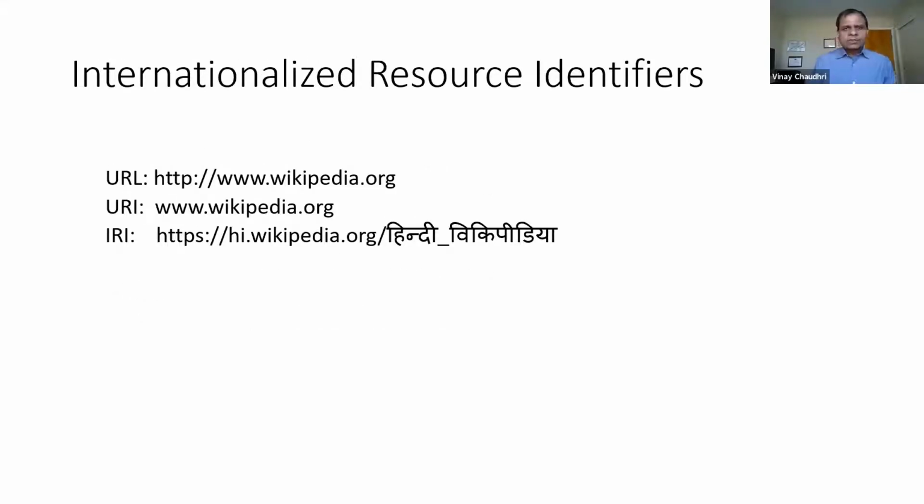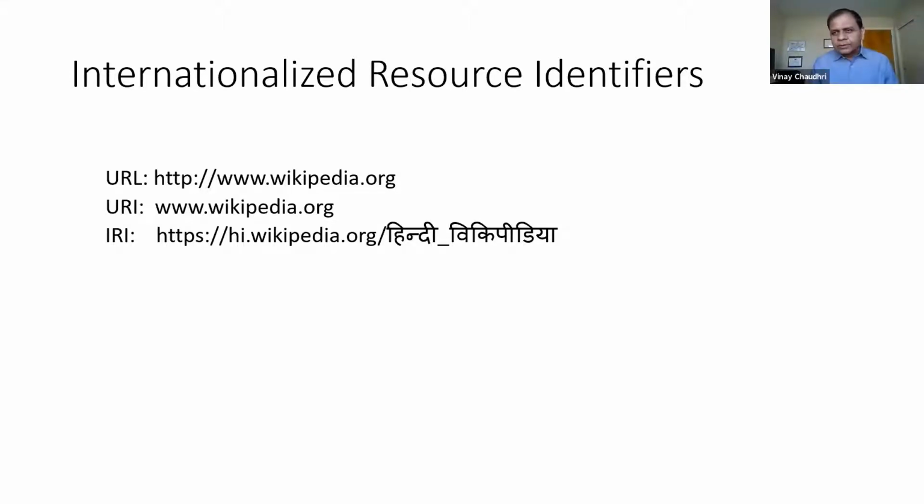So let's look at internationalized resource identifiers. The first way to understand IRIs is through example. On this screen, I'm showing a URL, a URI, and an IRI. And just from the surface form of these 3 identifiers, we can get the difference. I'm going to verbalize and make it explicit for you.